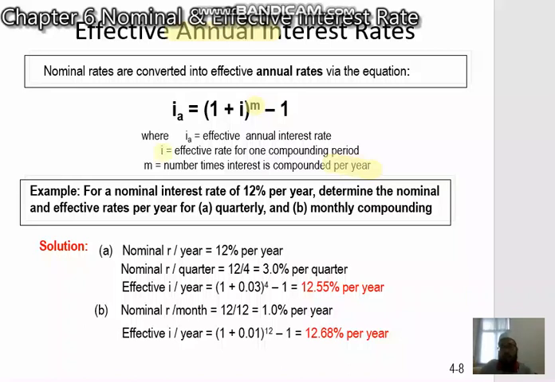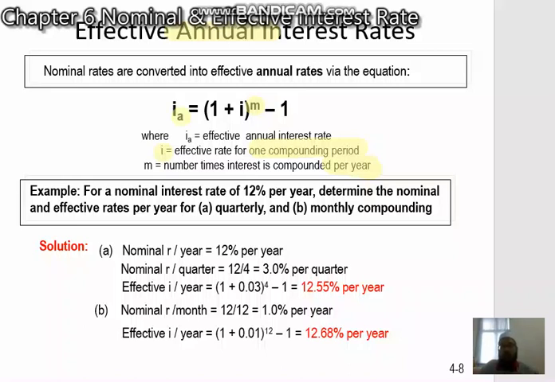First, the i, defined as the effective rate for one compounding period, and parameter M, defined as the compounding frequency in a year. Again, why in a year? Because we are determining the annual effective interest rate.